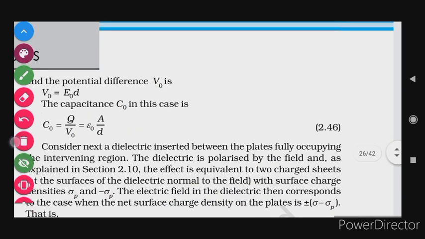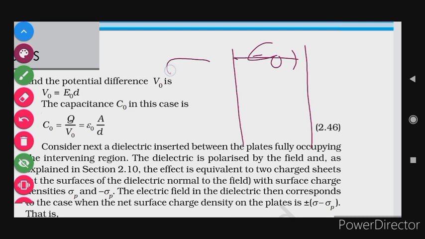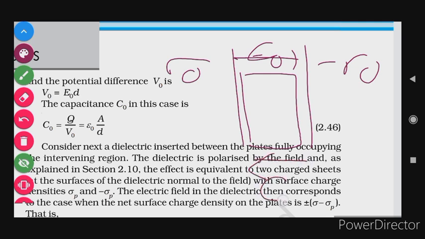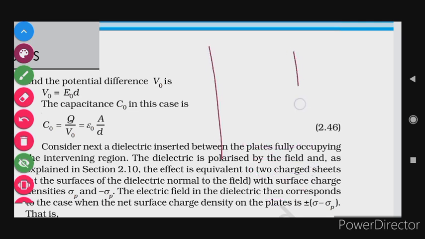When there was no dielectric, there was an electric field E naught inside the capacitor plates, because of sigma and minus sigma. When there is a dielectric, there is an electric field induced because of the polarization. This is EP, the induced electric field, and you see these two are in opposite directions. So what is the net electric field inside the dielectric now?